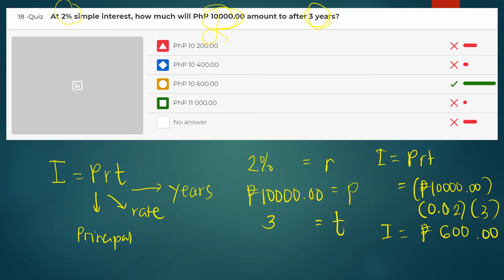But the question is how much will be its amount after 3 years. So isasama natin yung principal value. So for the present value, you're going to add 10,000 pesos and the computed interest, and that will give us 10,600 pesos. And that will be this one. Okay? So many of you got the correct answer for this item.